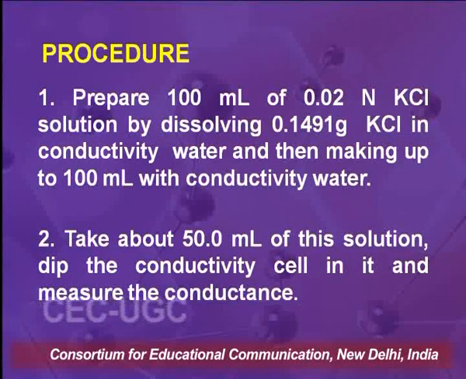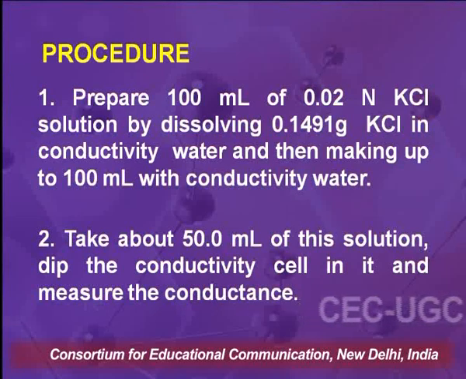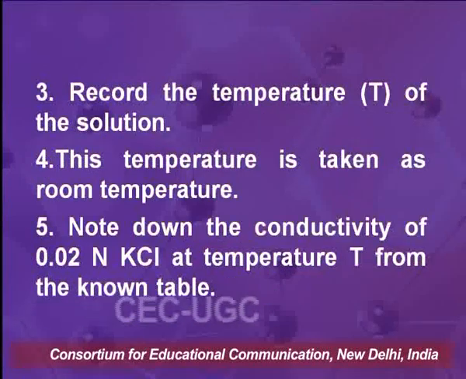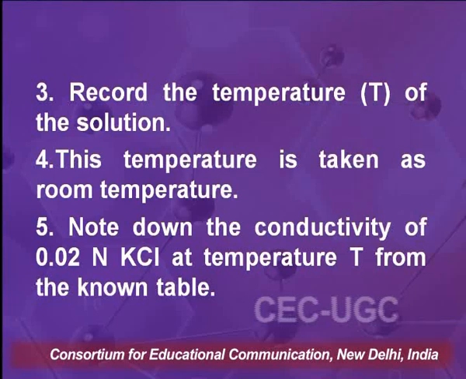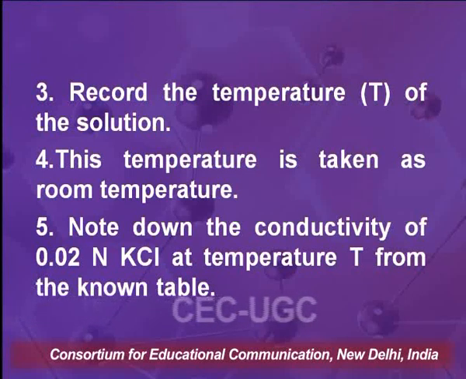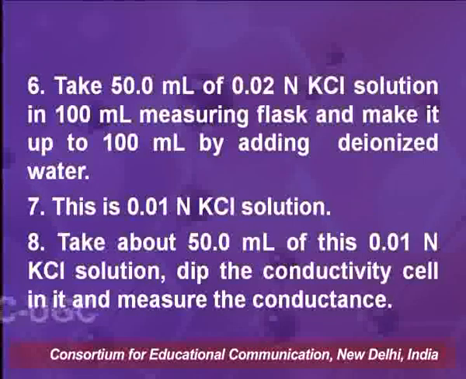Second, take about 50 ml of this solution, dip the conductivity cell in it and measure the conductance. Record the temperature of the solution. This temperature is taken as room temperature. Note down the conductivity of 0.02 normal KCl at temperature T from the known table.